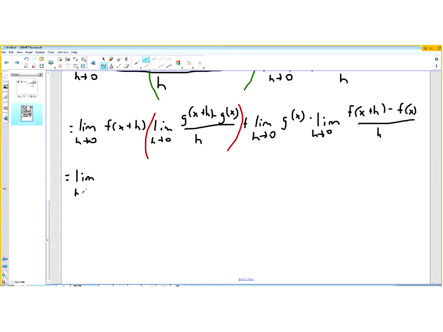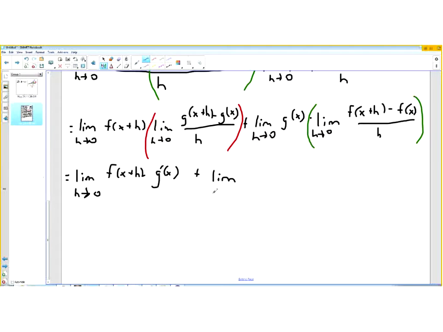So we have the limit as h approaches 0 of f of x plus h times g prime of x. And you should recognize that this factor right here is the derivative of f. All right, so we can simplify that.